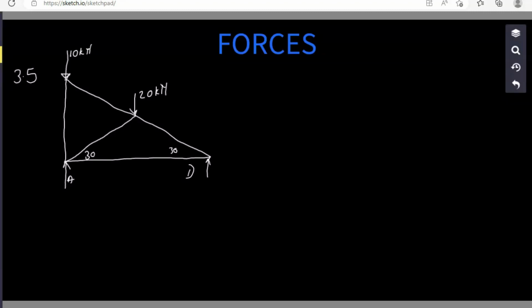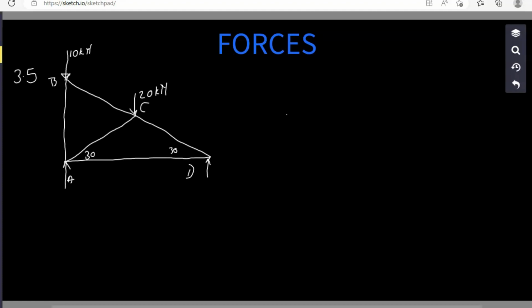This is C, this is B. We are asked to calculate for AD, which is this member, and CD, which is this member. We need to calculate their magnitude and nature. But we can see that we are not given the reactions A and D. So that is what we first need to calculate.